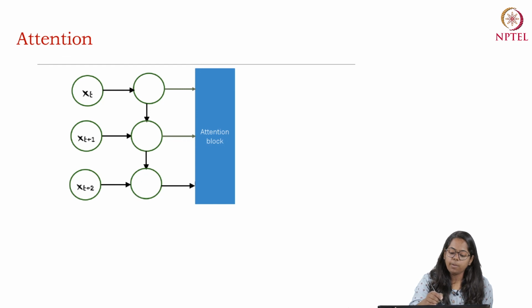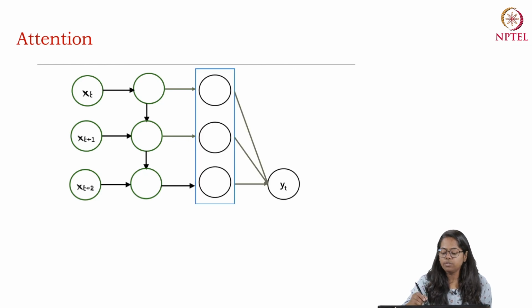That is, we pass our input to an RNN and we get some outputs from this RNN, and these outputs are then passed on to this attention block so that we can identify how much weight we have to give to each output in order to determine the sentiment class for the input, right?